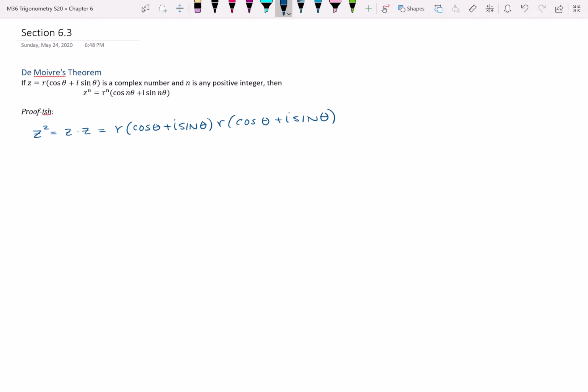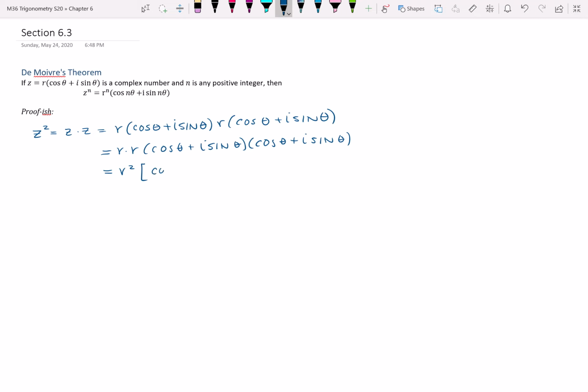So now I'm just going to use multiplication rules here. Multiplication is commutative, so we're going to have r times r, and then the quantity cosine of theta plus i sine of theta, and then the quantity cosine of theta plus i sine of theta. So r times r, we know that's r squared. And I'm going to go ahead and distribute these two binomials.